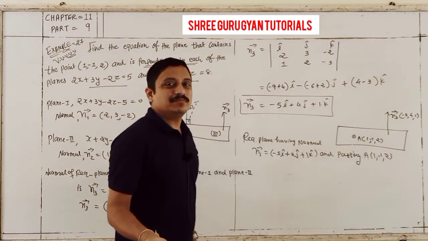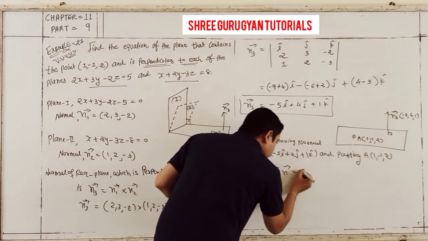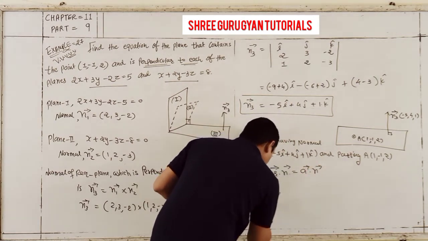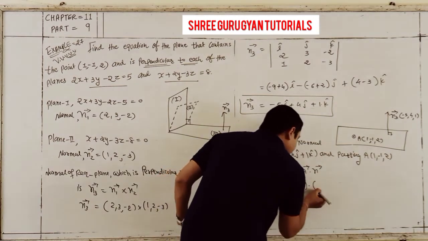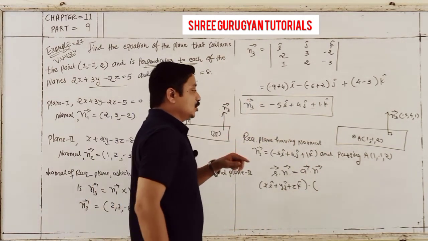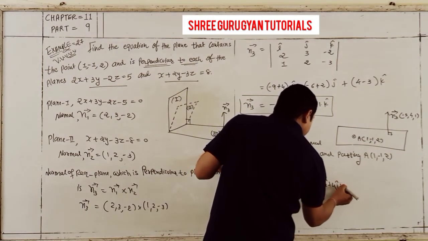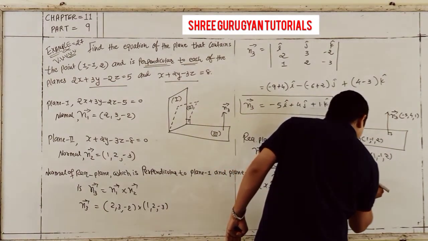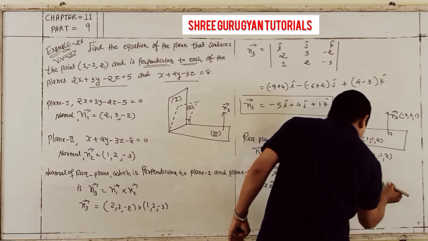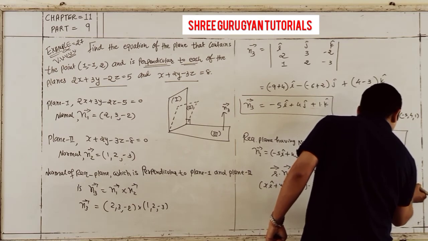The equation of the plane is simple, students, known as r dot n equals a dot n, here xi, yj, zk dot n. N is the normal, that is minus 5i, 4j, 1k, equal to the passing point 1i minus 1j, 2k, dot the same minus 5i, 4j, and 1k.